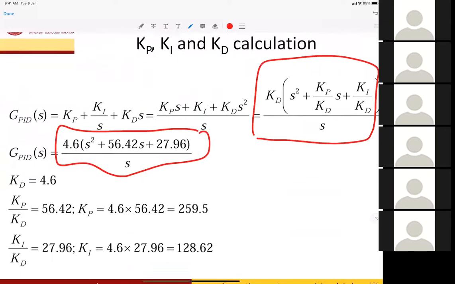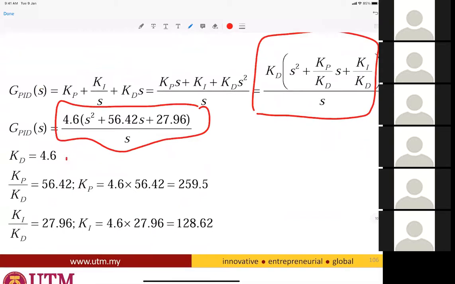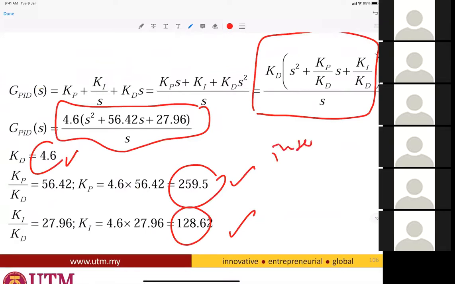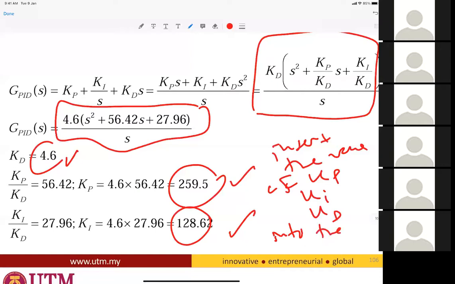Then you compare and get the values of KD, KP, and KI. These are the values that you will insert into the PID controller as shown in the picture.